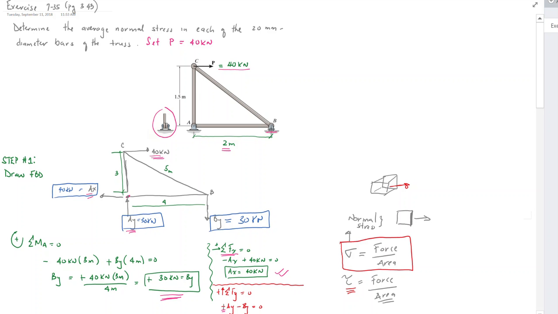Then from there, they already gave me the diameter of the bar, so I can find the area, and that's typically the approach. So you just figure out what they're asking for, what you know how to do, and then start from there, and you see that everything will just evolve.